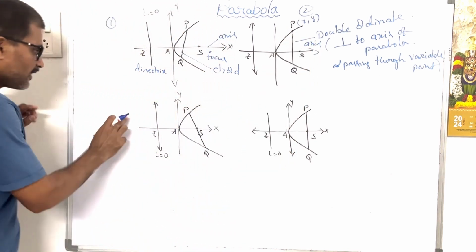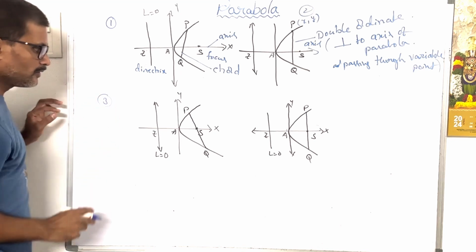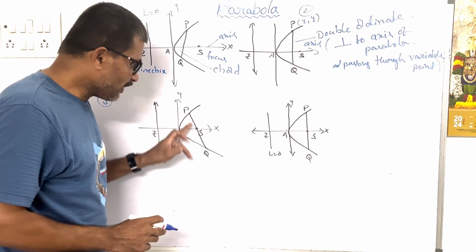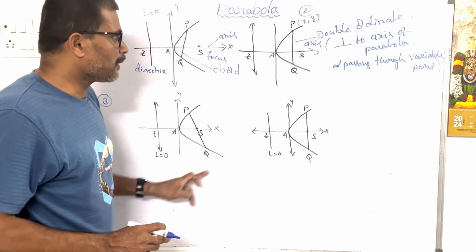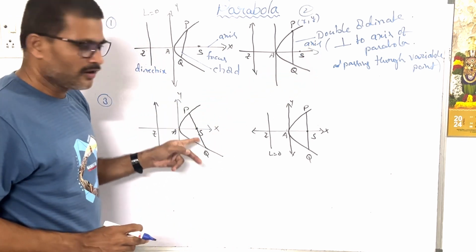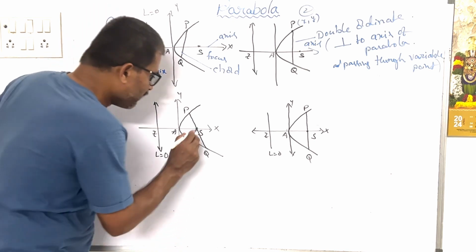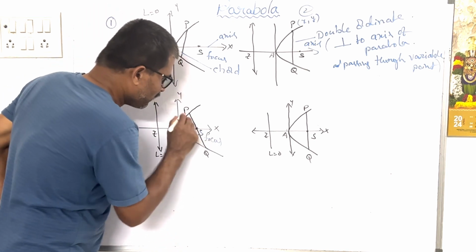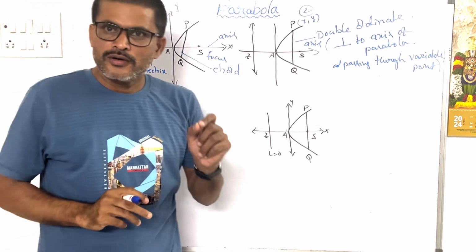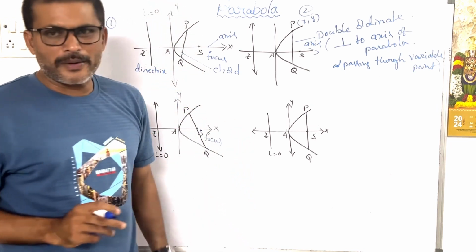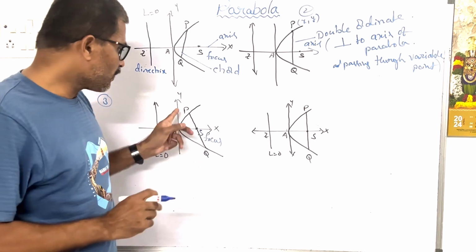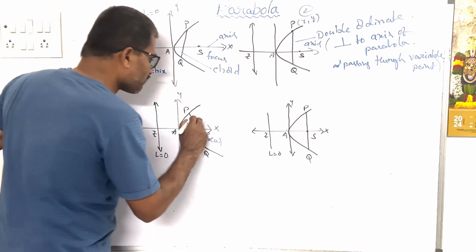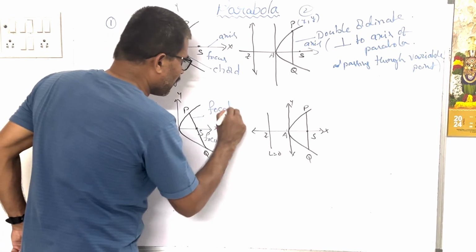Similarly, in the third one we observe any chord. This is not a double-ordinate because it is not perpendicular to the axis. So this is the chord. And we observe this is S, that means the focus. So any chord passing through the focus of the parabola is called a focal chord.